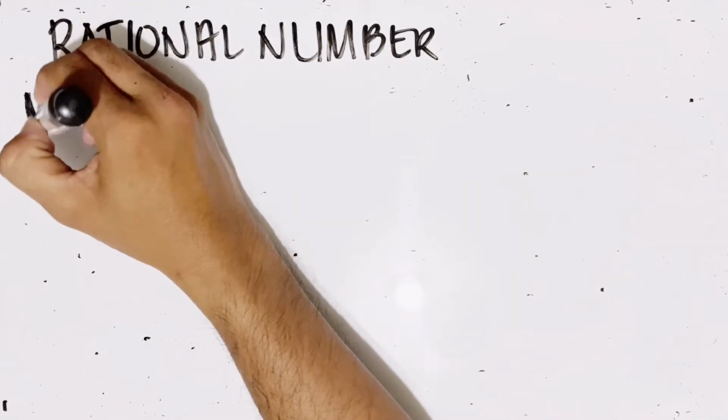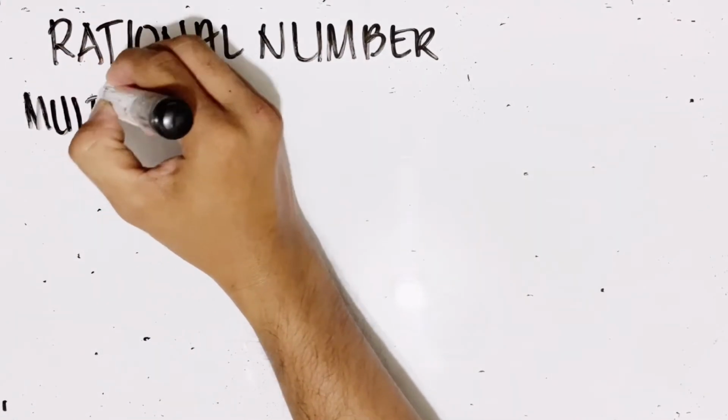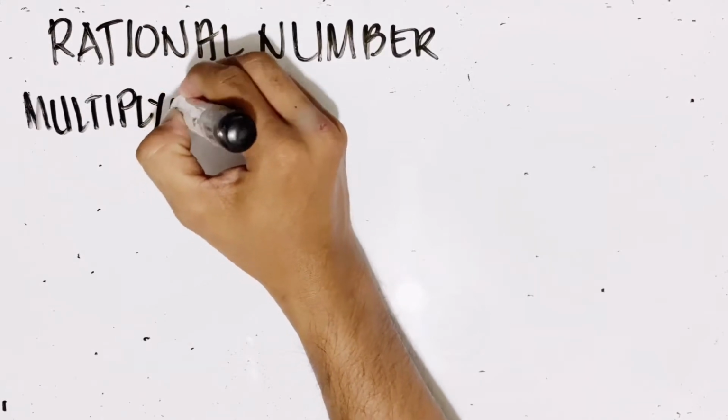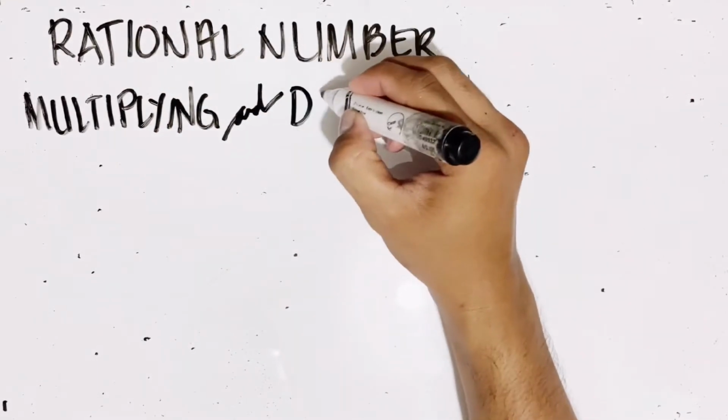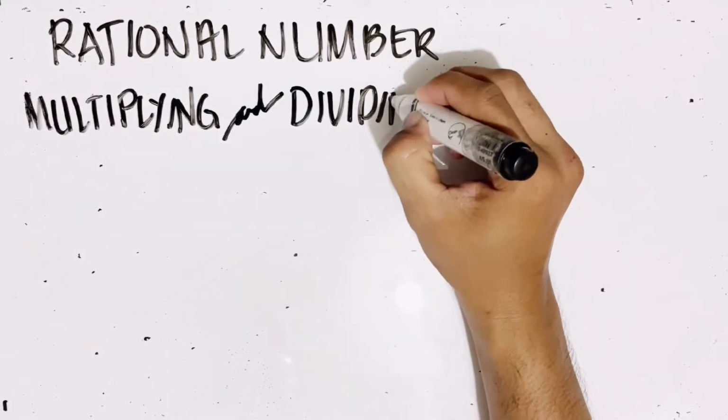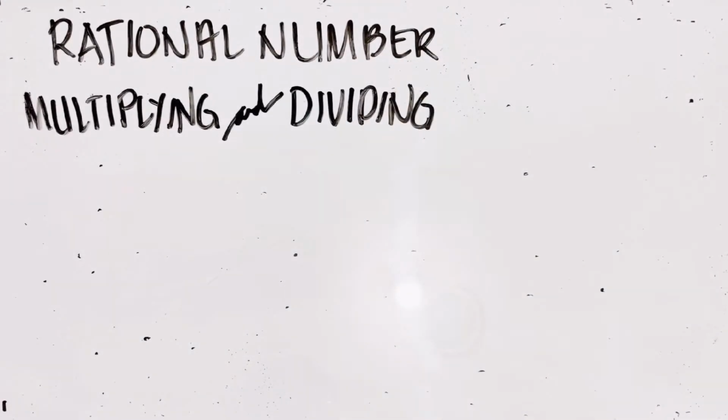So multiplying and dividing rational numbers. So there are two major rules when we multiply and divide rational numbers or integers.